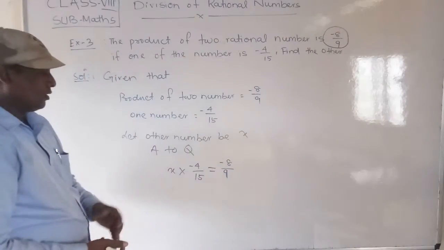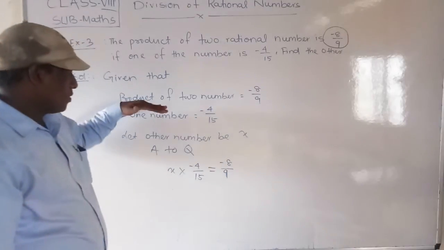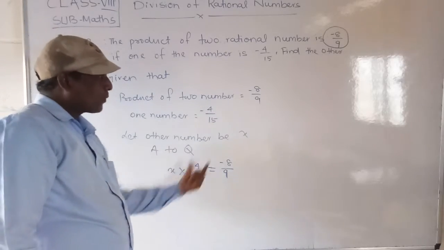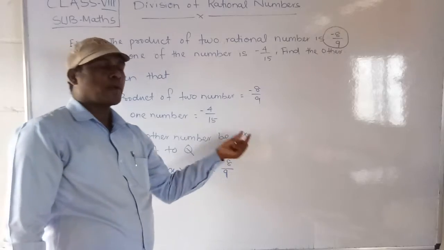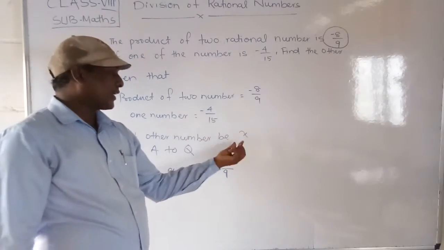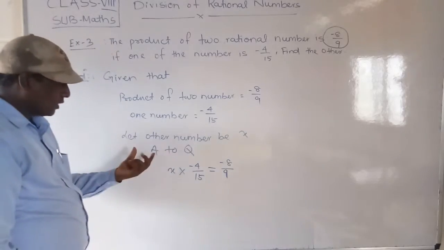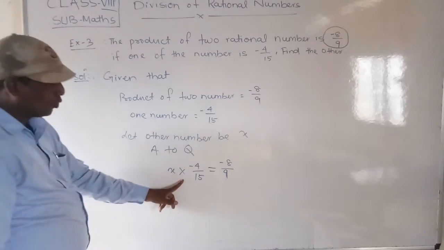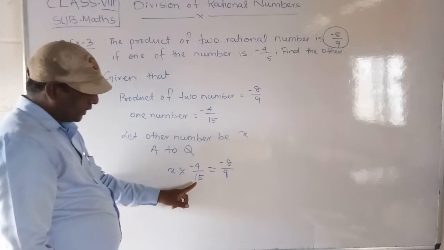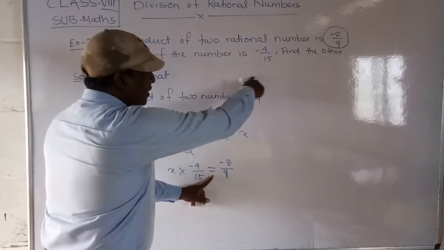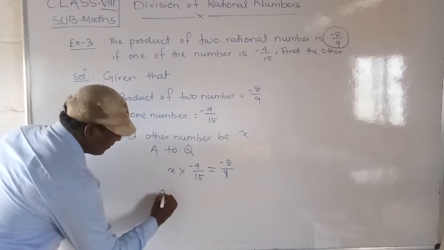Are you clear? See students, you must do this equation very carefully. The product of the two numbers is given as minus 8 by 9. One number is given to you, the other number you have to find out. The other number we don't know, that's why we have taken x. So x into minus 4 by 15 is equal to minus 8 by 9. Now what does that imply?